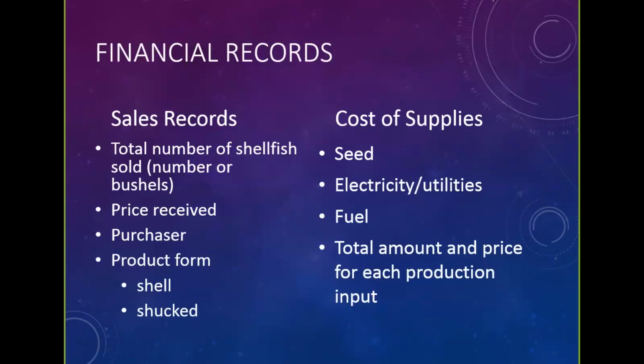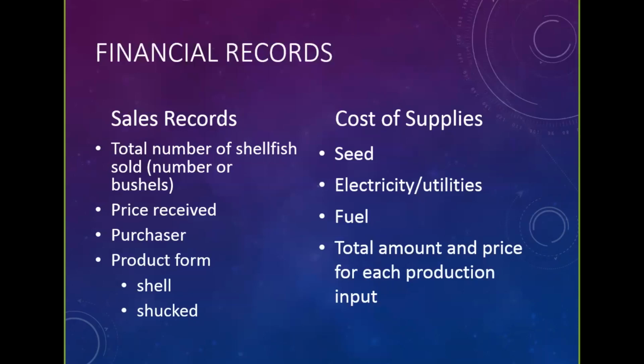Also keep track of the cost of your supplies, seed, electricity, utilities, fuel, how much you pay for each production input. Because if you don't know how much your supplies cost, there is no way that you can figure out what your cost of production is to know if you're making any money. I did some of these workshops in Myanmar and Southeast Asia a few years ago.